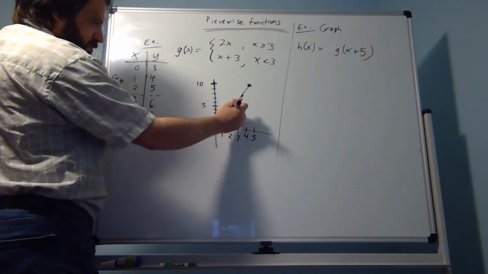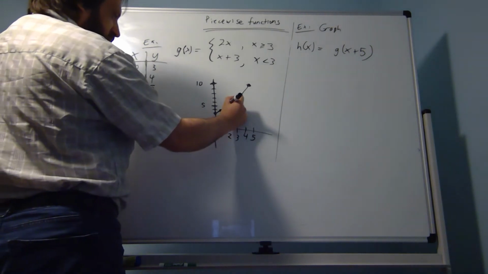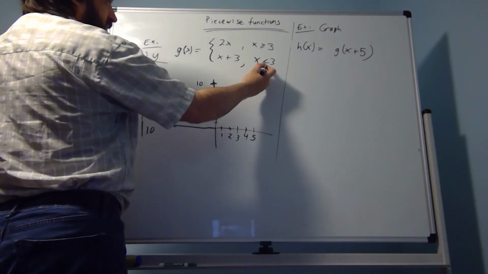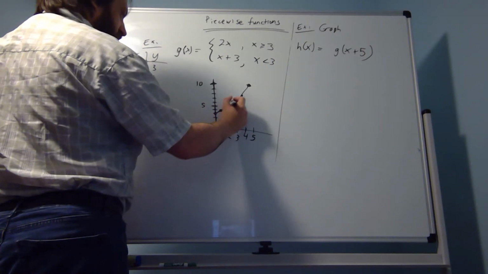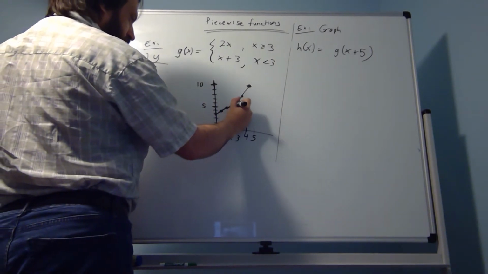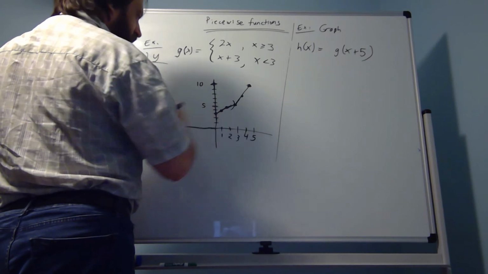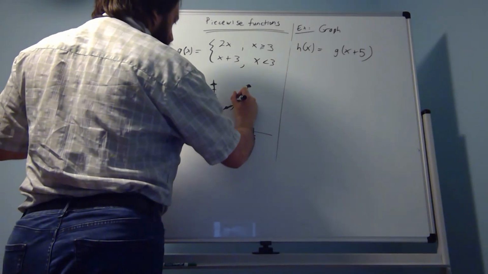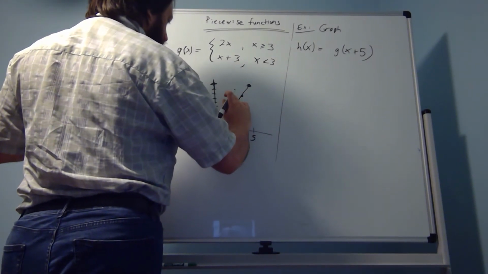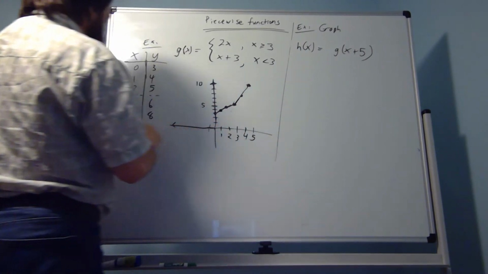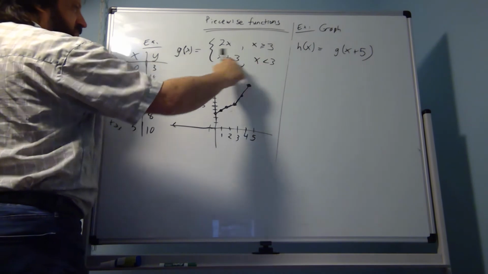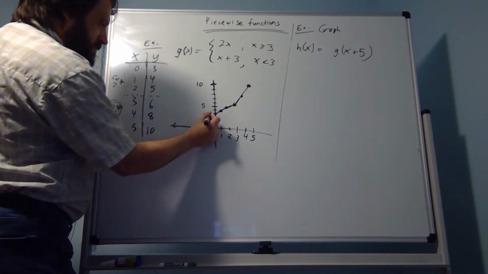When in doubt, you can plug more numbers into your calculator. So if you plug in 2.5, you're in case number 1 and you get 5.5, you keep getting more and more. Here's case number 1, and then case number 2 is starting, but it looks like the two pieces actually hook up with each other. And if you wanted to, you could plug in -1, you would get 2.